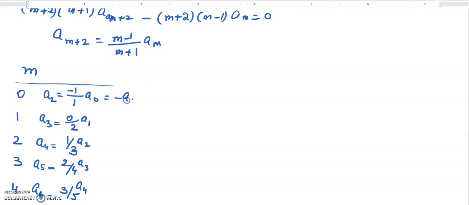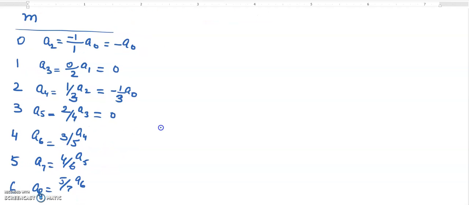Now it's the time to simplify it. So it is minus a naught, and now this will be 1/3 of a2. So 1/3 of a2 is minus 1/3 of a naught. 2/4 of a3 will be 0. So every alternate term is expected to be 0 in this case.